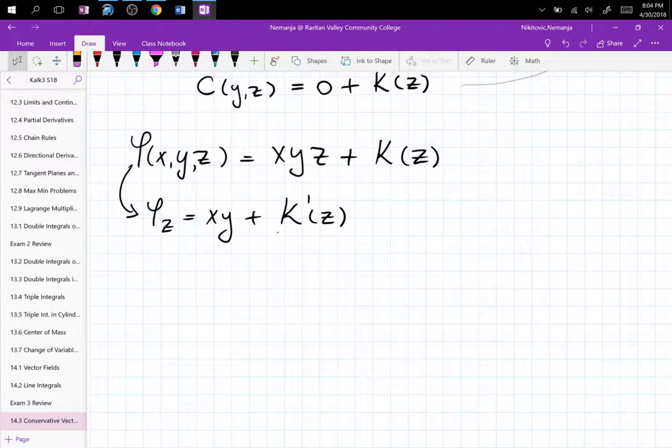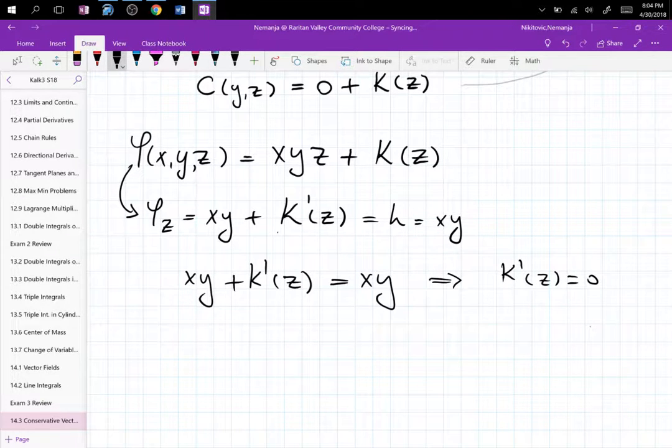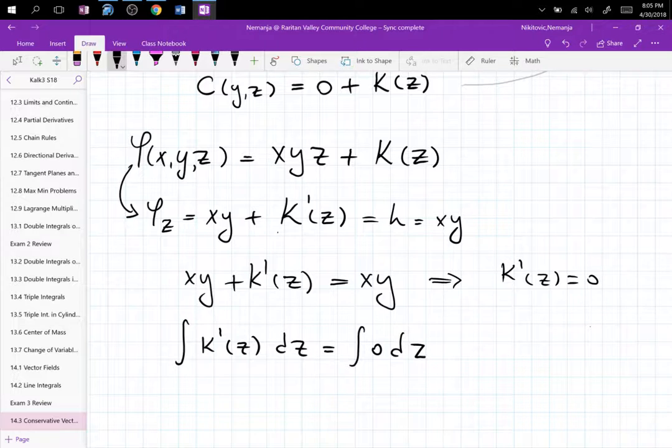So now that we have this, we will set this equal to h, and h was xy. So when we have xy plus k prime of z equal to xy, that tells us that k prime of z is 0. We are going to integrate k prime of z dz, and on the other side, integrate 0 dz.